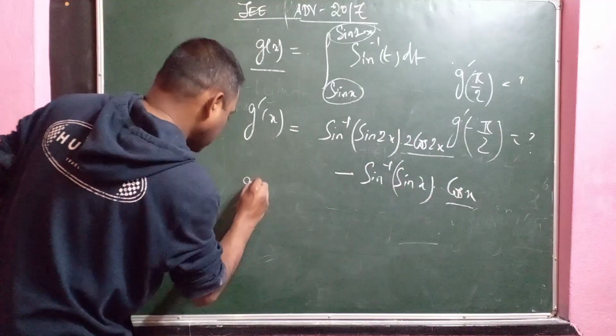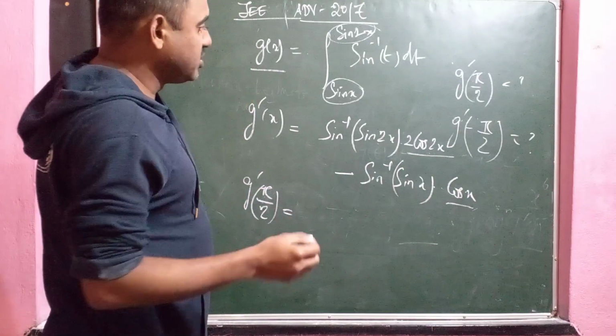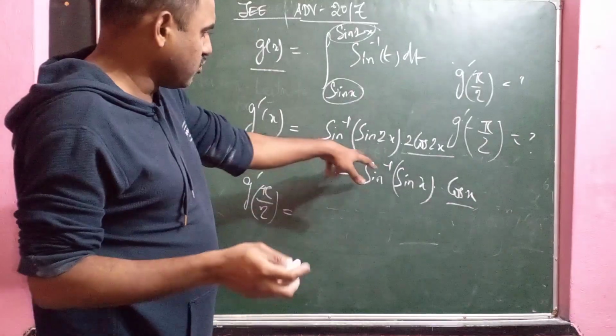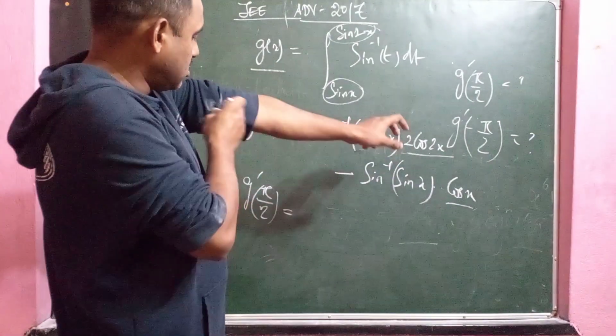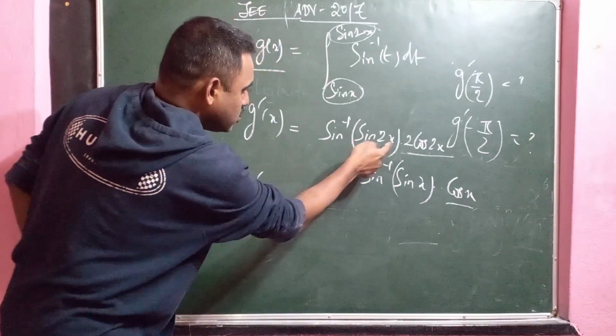Now find the G dot pi by 2. This is the G dot x. You don't have to manipulate it, just find G dot pi by 2. Substitute pi by 2 here.